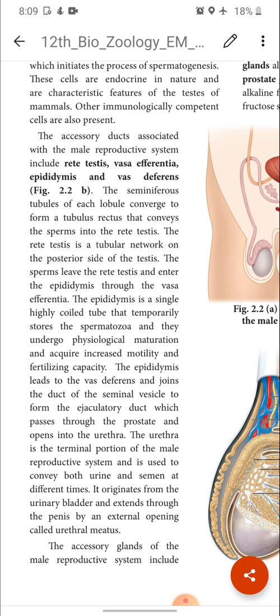Vas deferens joins with the seminal vesicle to form the ejaculatory duct. The ejaculatory duct passes through the prostate gland and opens into the urethra. Urethra is the final pathway of sperm conduction.